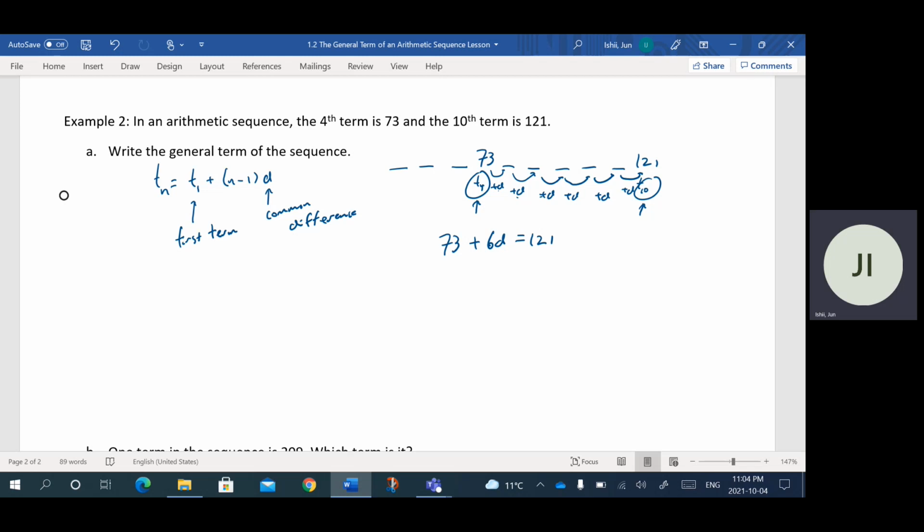So again, to get the number in front of the D, what we want to do here is we just subtract what I'll call the term numbers.